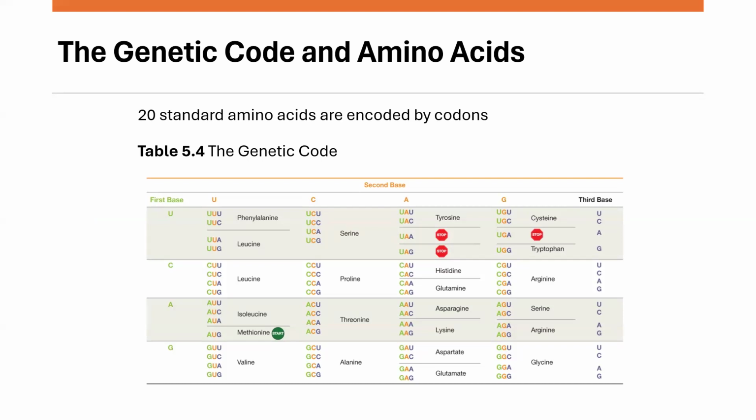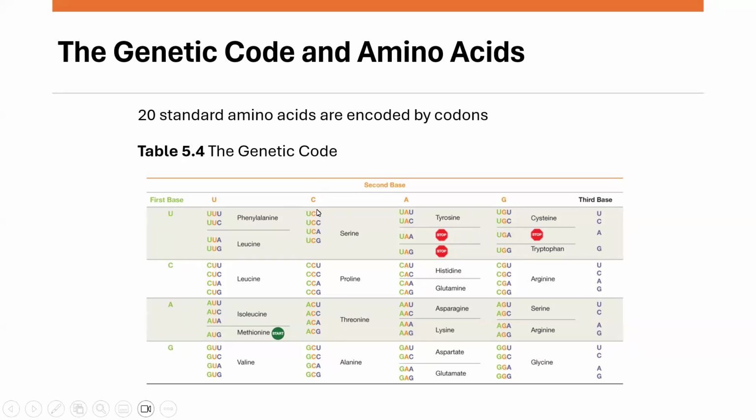So what you see here is an organization of the first base in the codon in green, the second base in orange, and the third base in this dark blue. And we see here, if I were to say, what does UCC code for? You would come over to U, C, C, and find that that codes for serine. I think the thing that you notice right off the bat is that with 60 possibilities and only 22 amino acids, or in this case, 20 amino acids, what we're talking about here is a lot of redundancy.